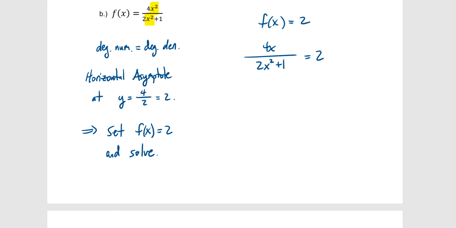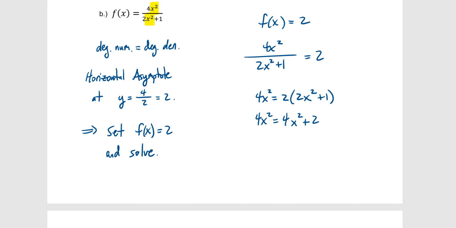So this one we have to cross multiply or multiply both sides by 2x squared plus 1. So that means we have to multiply 2x squared plus 1 to the right-hand side of the equation. So we get, oops, I forgot the squared up here. 4x squared equals 2 times 2x squared plus 1. And we distribute that 2 on the right. We get 4x squared plus 2.